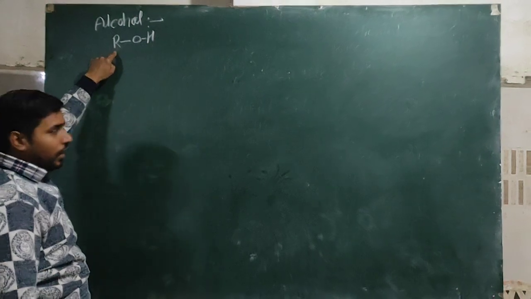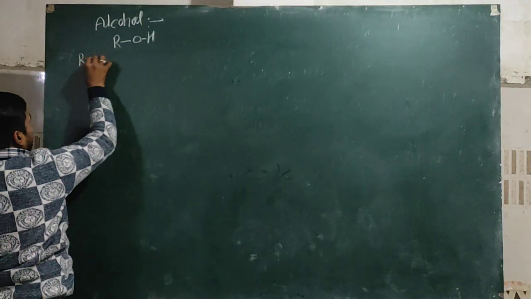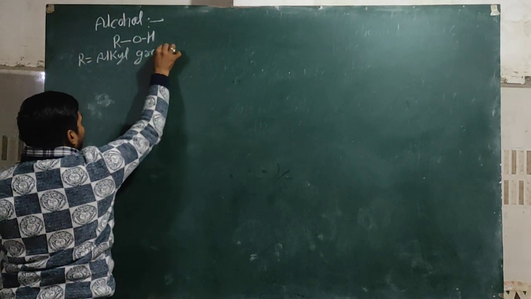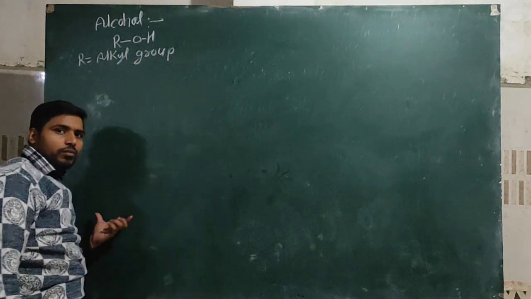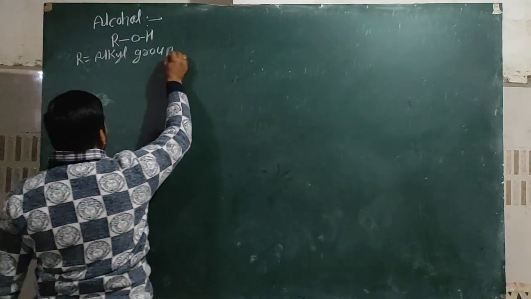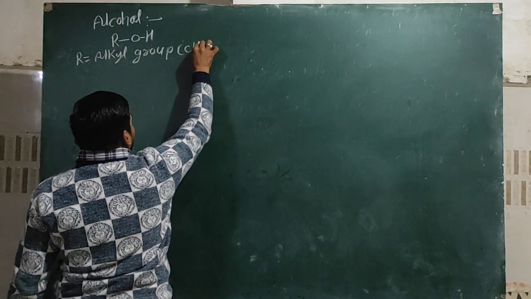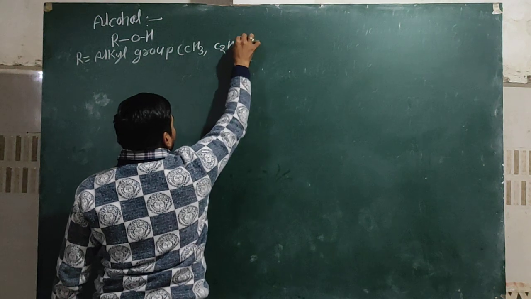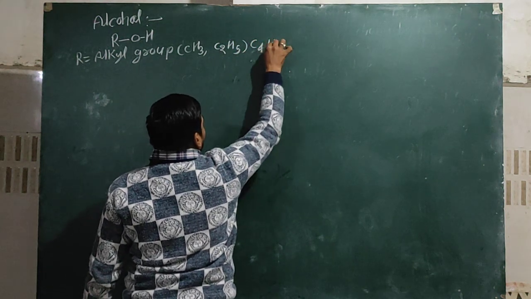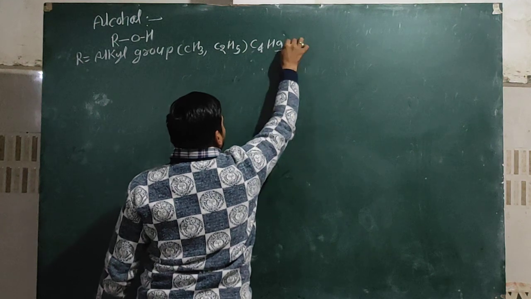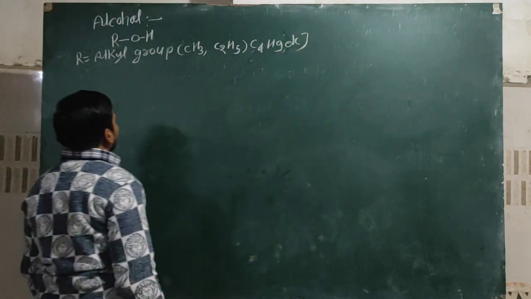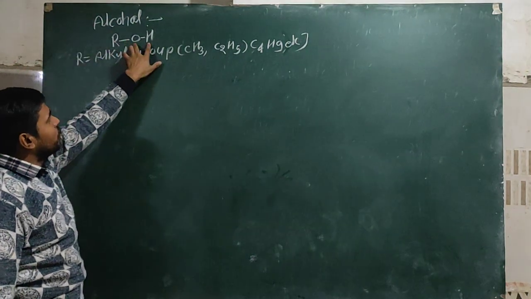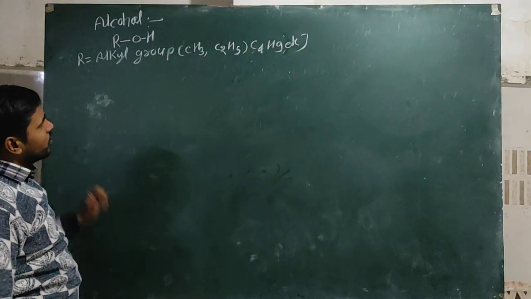Here R is an alkyl group, which means methyl, ethyl, propyl, butyl, pentyl, hexyl, heptyl, etc. It may be CH3, C2H5, C4H9, etc. In case of alcohol, when any alkyl group is directly bonded with an alcoholic group, then it is known as alcohol.